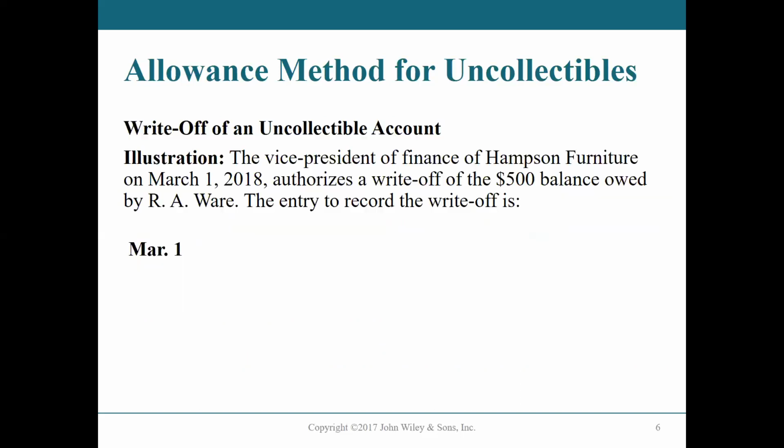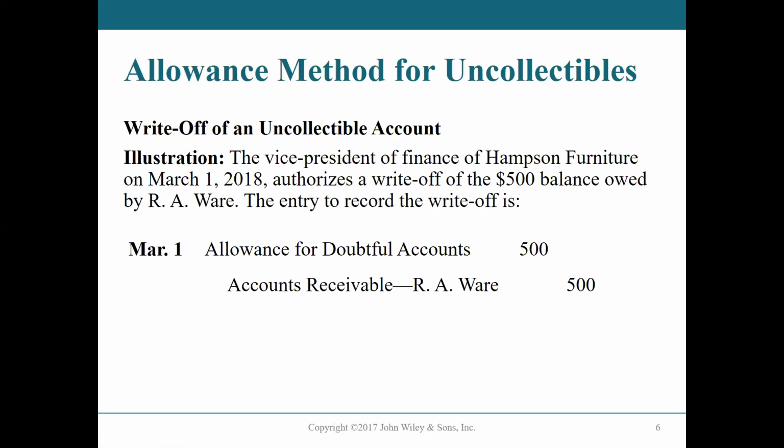No, then we decided, hey, this customer is not going to pay this $500 they owe us. So at that point, we write off the debt, meaning we're going to take it off of our accounts receivable. It's no longer owed to us. So we debit the allowance account, and then we credit their accounts receivable.